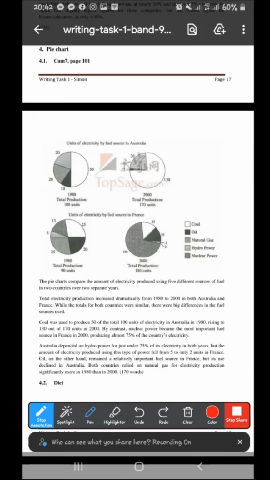I think from this pie chart, every person's writing style will be different, right? Yes, exactly. If I give importance to nuclear power and another person gives importance to oil, their writing should not be wrong or right.